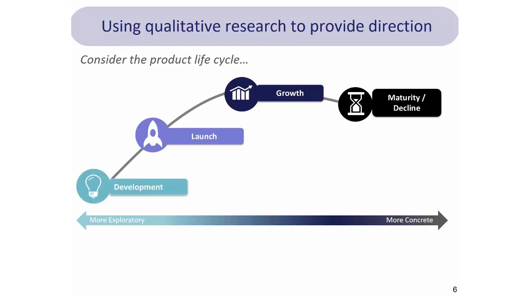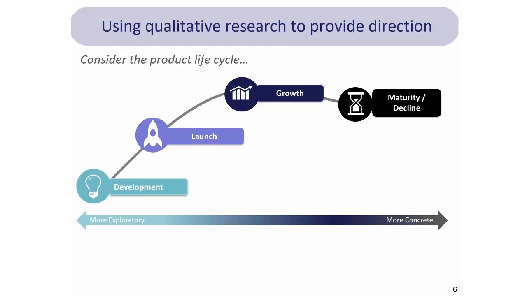And as you can see, in general, the arrow on the bottom shows that things at the beginning, in the development phase, and a pre-launch phase, let's say, is much more open. It's very exploratory. And then as you move to the right, things become much more concrete or more structured and defined. So by the time a product launches, it's quite defined what features it might have.